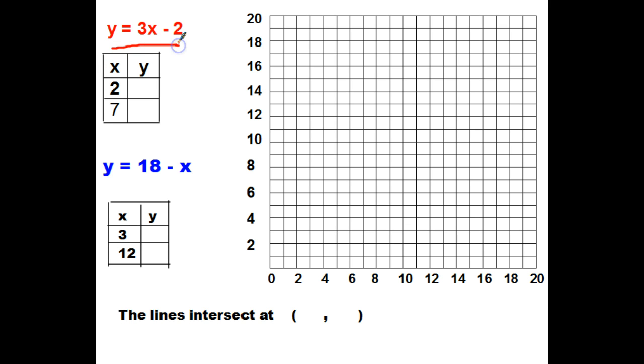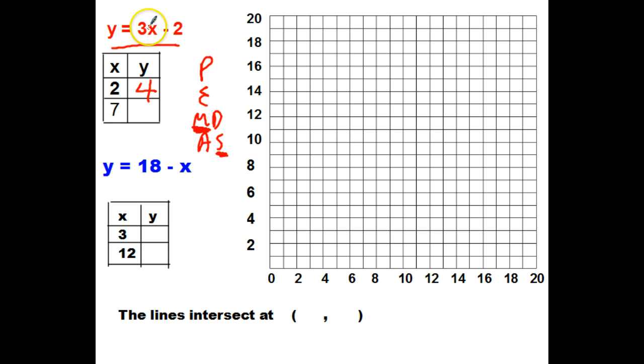y equals 3x minus 2. Remember, order of operations is please excuse my dear Aunt Sally. So I need to do this multiplying before I do the subtracting, because multiplying is higher up the tower than subtracting. So I put a 2 in for x. This means 3 times 2, which is 6. 6 minus 2, 4.